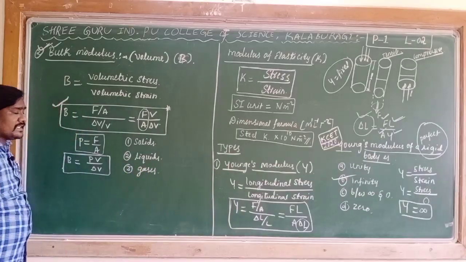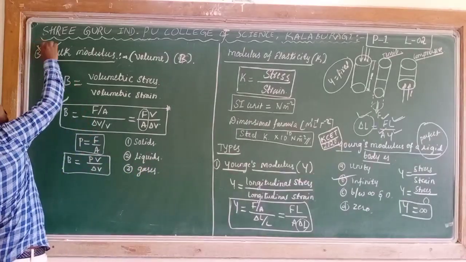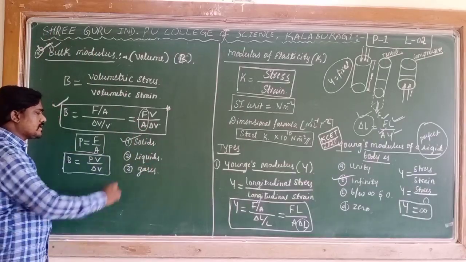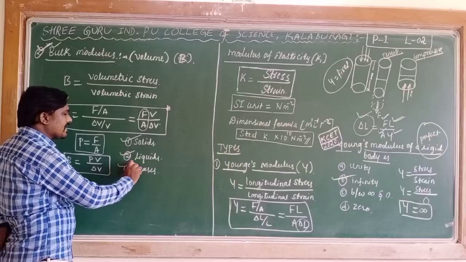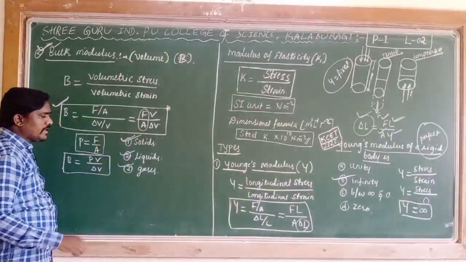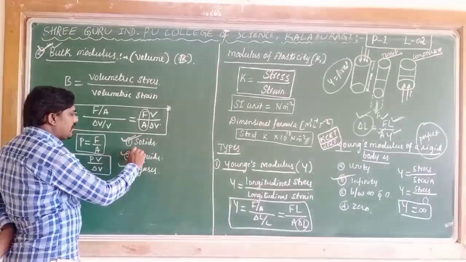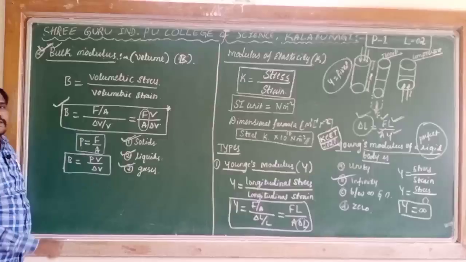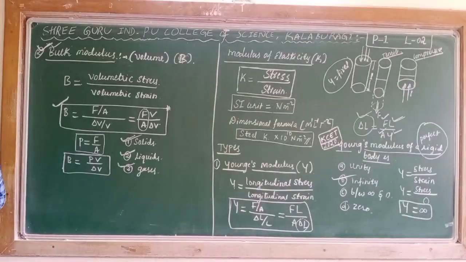Which state of matter is going to be explained by bulk modulus? It may explain solid bodies, liquid bodies and gases. The bulk modulus is more for solid bodies. As compared to solid, liquid is less. As compared to gases, liquid is more.